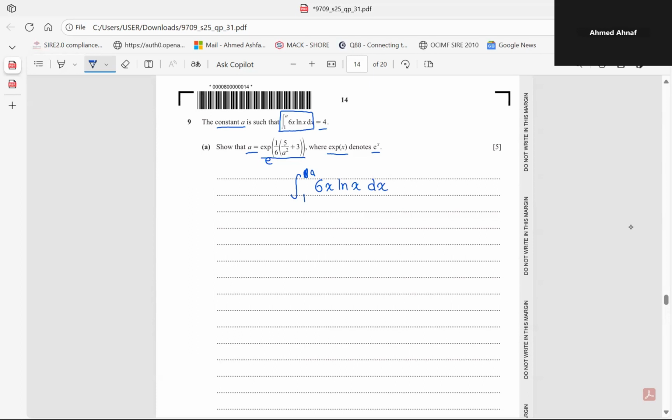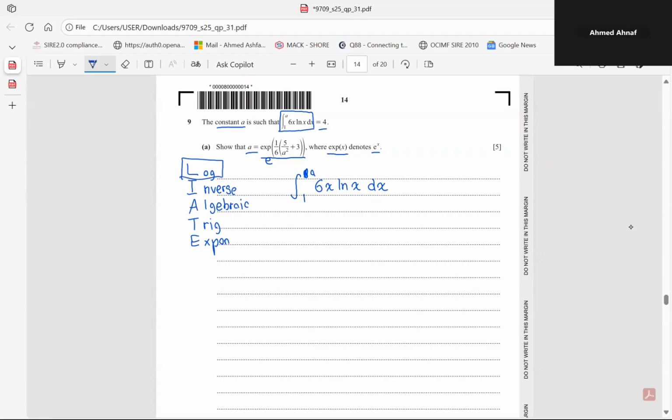Okay, so as we can see, the function that we're integrating right here is a product of two functions that we cannot substitute. So we have to use integration by parts here. So in order to choose our u and dv, we're going to use this rule for u, LIATE. So L stands for log, I stands for inverse, A stands for algebraic, T stands for trig, and E stands for exponential. So whichever comes first, we're going to make that u.